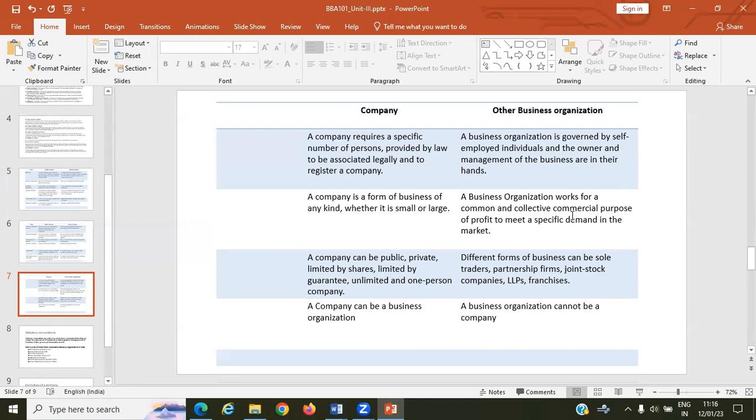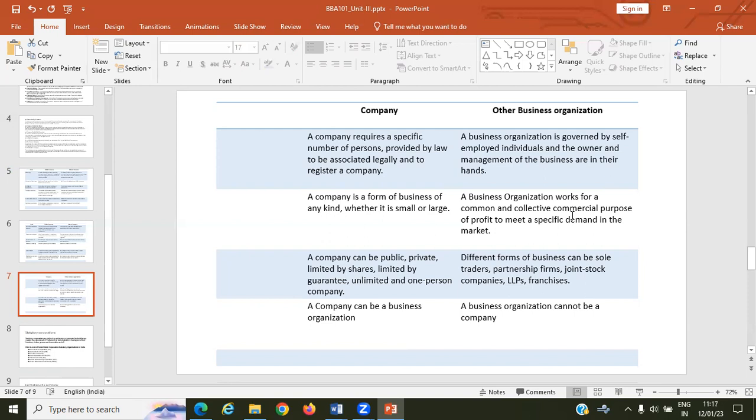A business organization is governed by self-employed individuals. One person can manage it, maybe a sole proprietorship business or a partnership business. There is no limit to that, there is no rule to that. A company is a form of business of any kind, whether it is small or large.